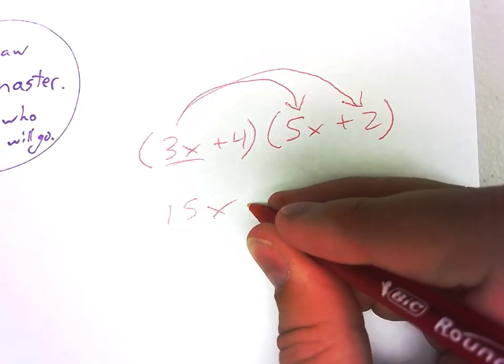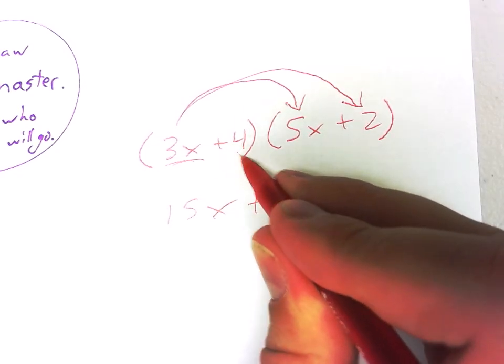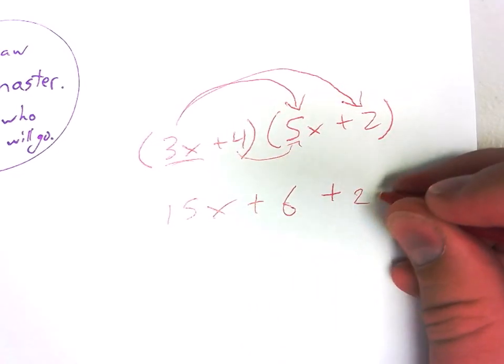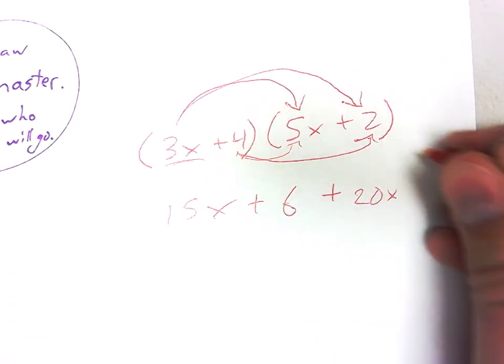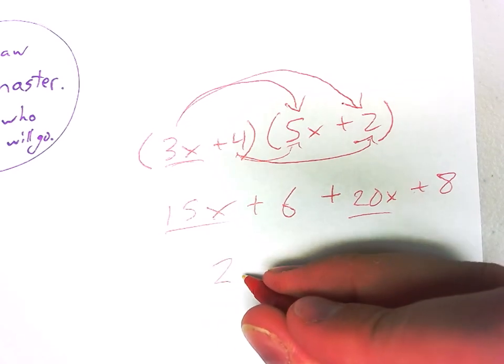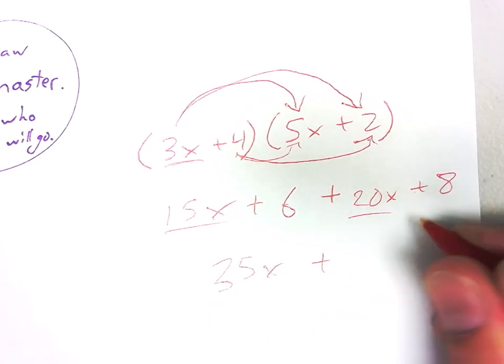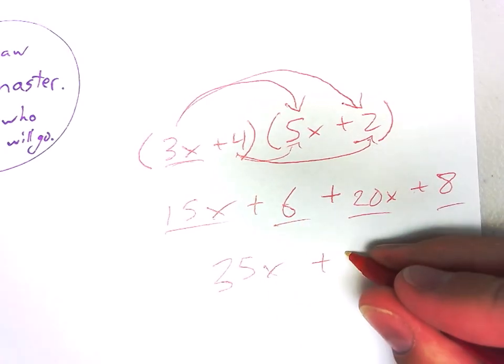I have that, and then 4 times 5x is 20x. 4 times 2 is 8. Those can add together. And then those can add together.